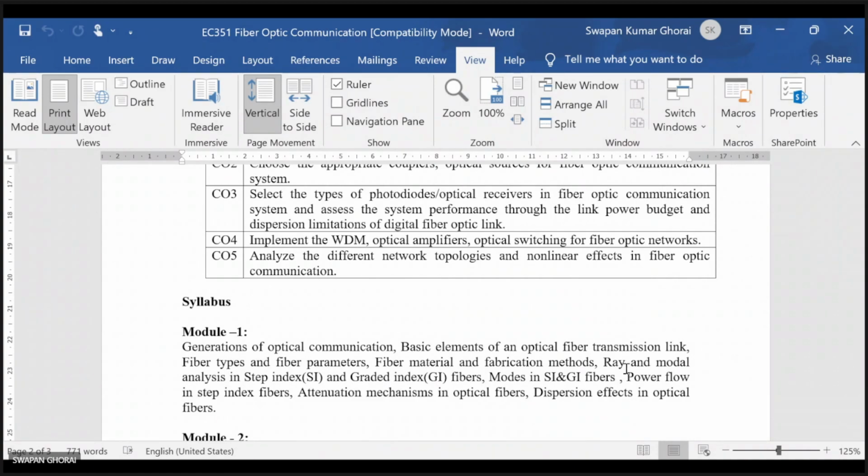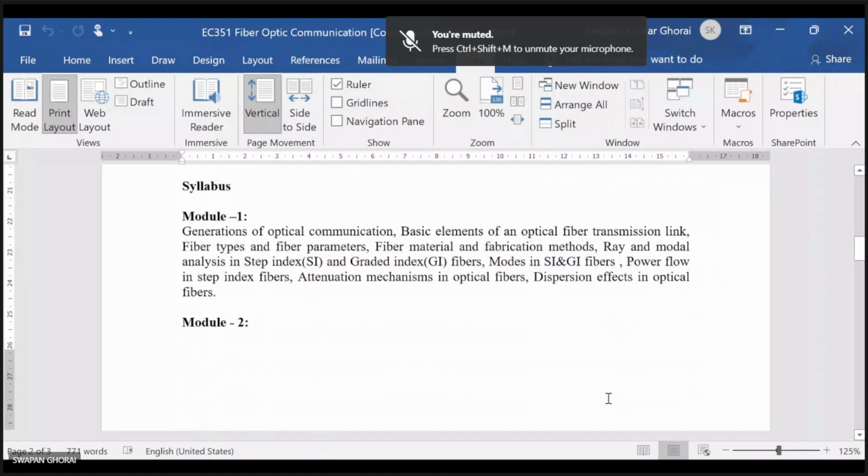Since the signal is light, obviously two main causes are there: the absorption and scattering. Sorry, dispersion is also there, but that does not cause attenuation. Dispersion will cause degradation in bit rate. Right. Mainly scattering and absorption are responsible for attenuation. Okay.